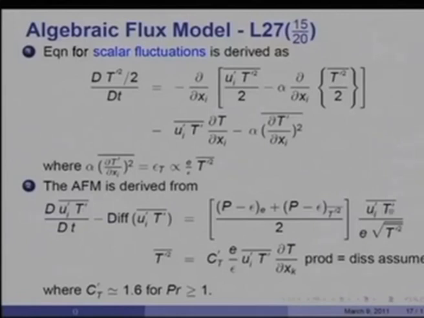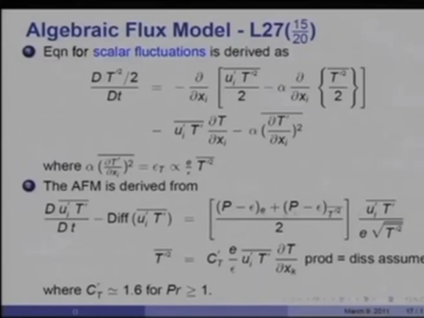u_i prime T prime, and T prime squared would be C_T dash E by epsilon u_i prime T prime dT by dx_k from production equal to dissipation, that is, ignoring the convective and diffusive part, we would get that. So, one substitutes for T prime squared here, minus dissipation gives you this quantity, and therefore one can obtain u_i prime T prime.